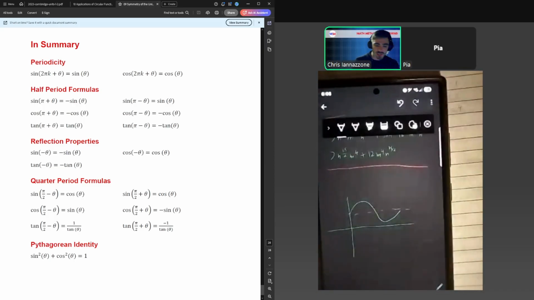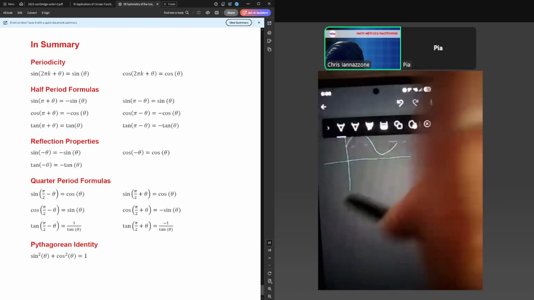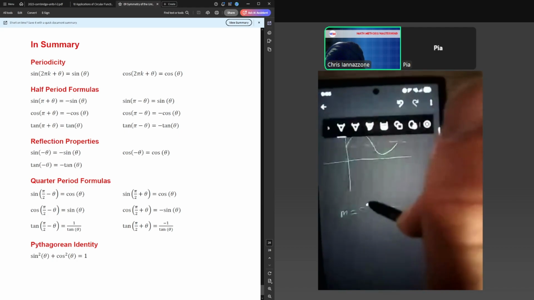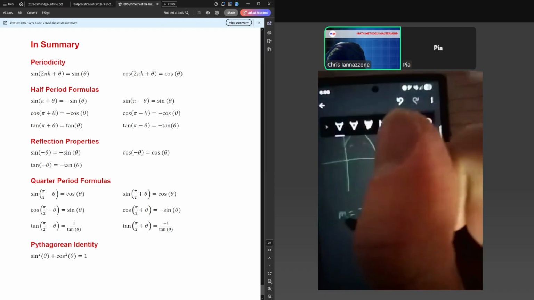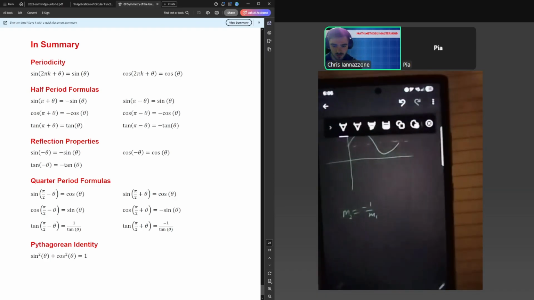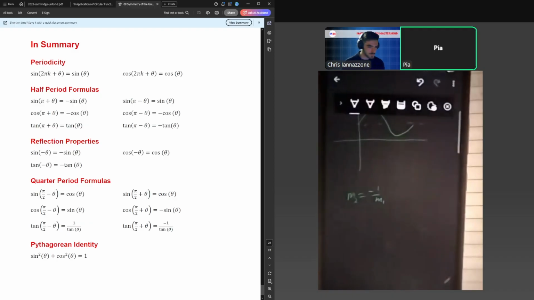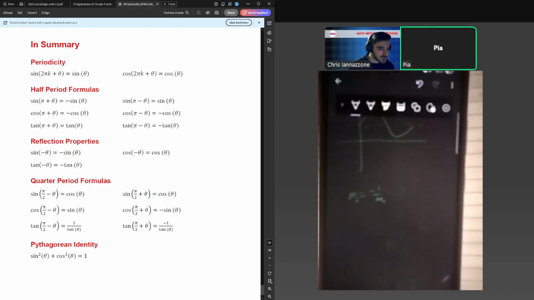Cool. So perpendicular to me immediately means there's a relationship between L1 and L2, and that is that one is going to be the negative reciprocal gradient, -1 over m, of the other one. So m1, m2 are going to have that relationship. Remember that one? Yeah. Cool. So I've got no idea what L2 has got to do with anything other than the fact that it's perpendicular to L1.